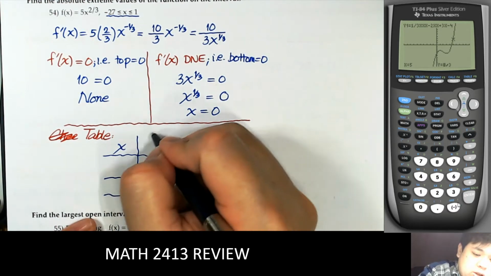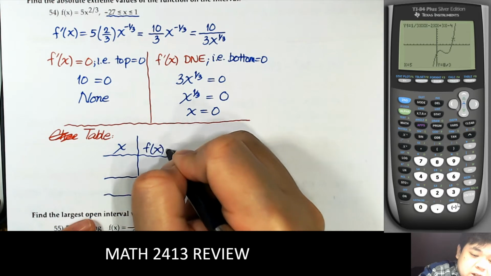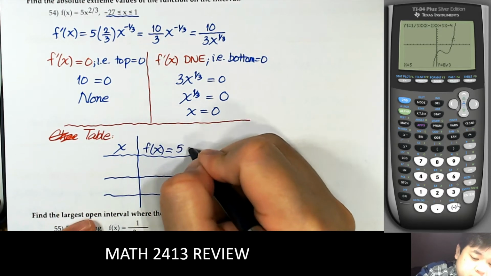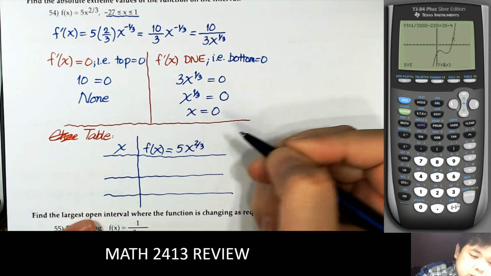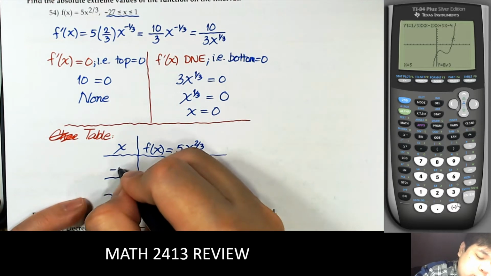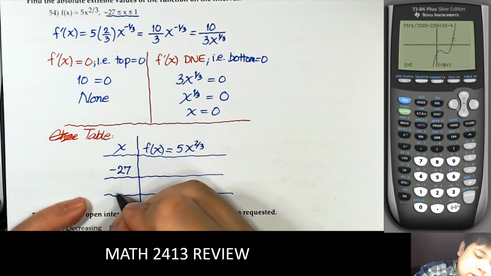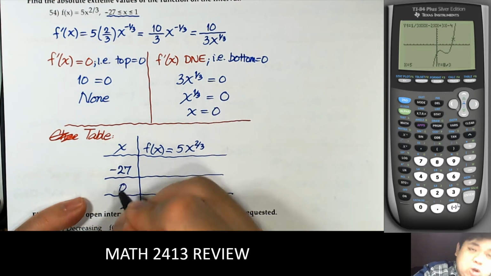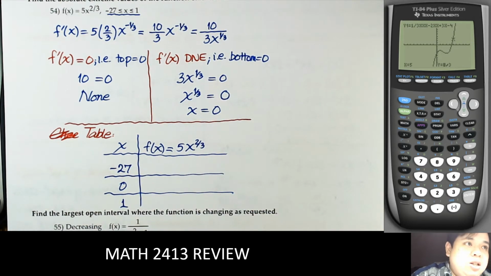We have the function, original function, that is 5x to the 2/3. Now we have gone from -27 to 1, and the point in between we need to evaluate at 0.